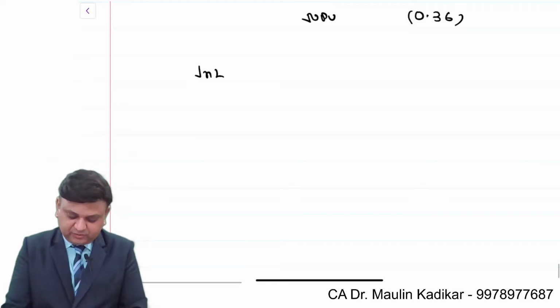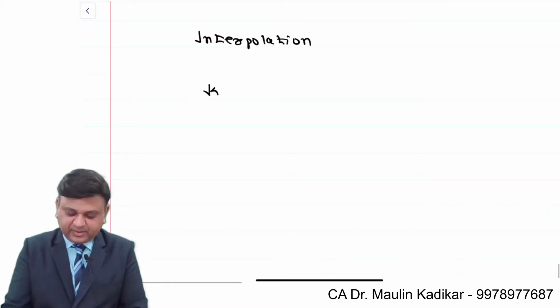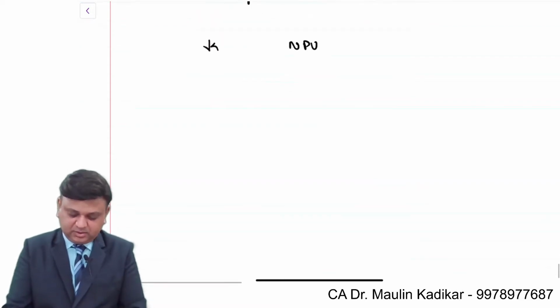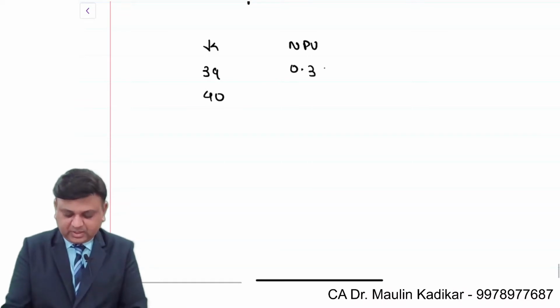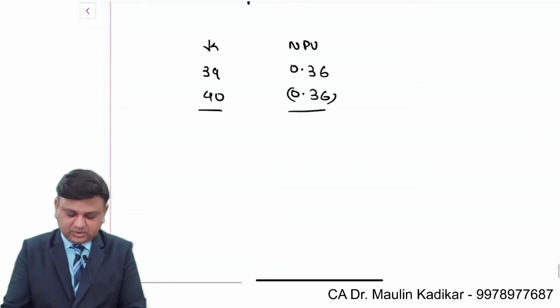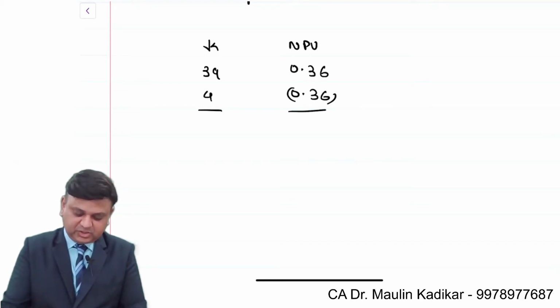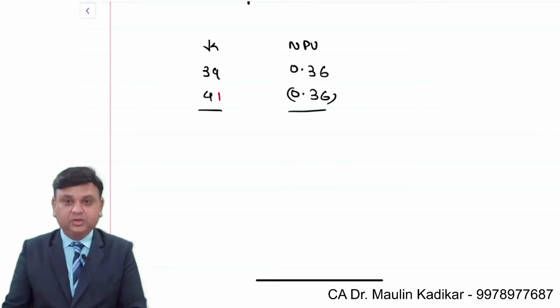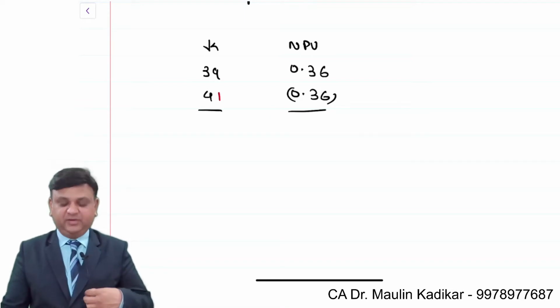So interpolation for the purpose of IRR. Cost of capital and NPV: 39 and 41. 36 paise positive, 36 paise negative. The difference of 39 and 41 is 2.